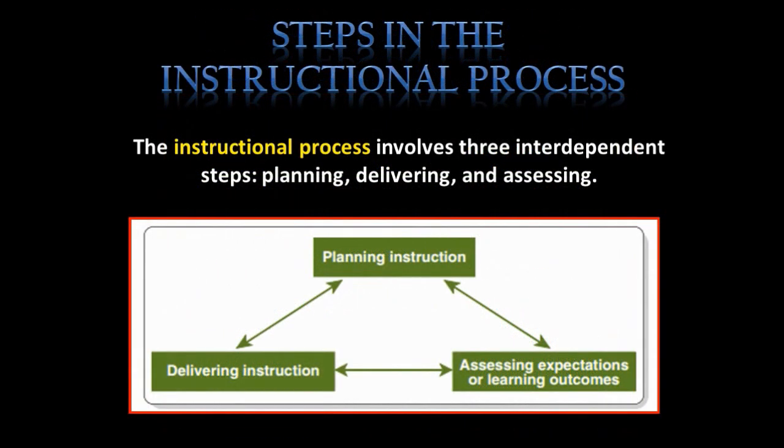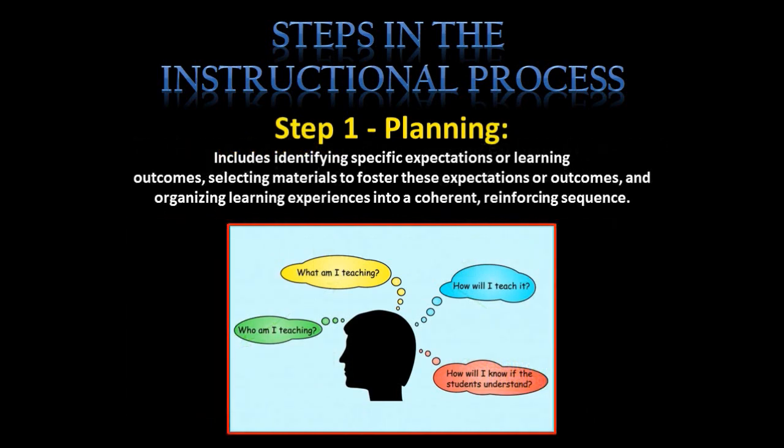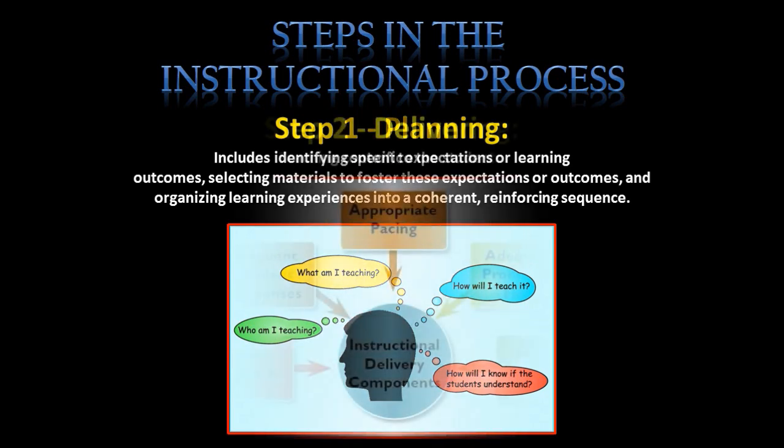Steps in the instructional process. The instructional process involves 3 interdependent steps: planning, delivering, and assessing. Step 1. Planning. Planning includes identifying specific expectations or learning outcomes, selecting materials to foster these expectations or outcomes, and organizing learning experiences into a coherent, reinforcing sequence.